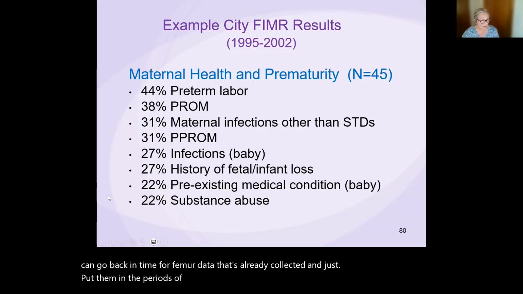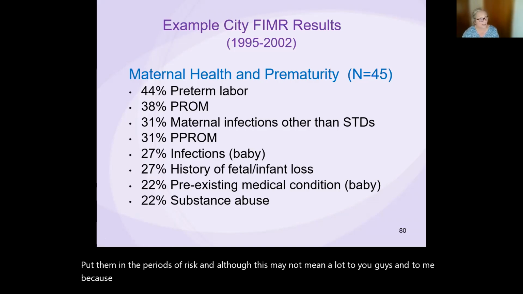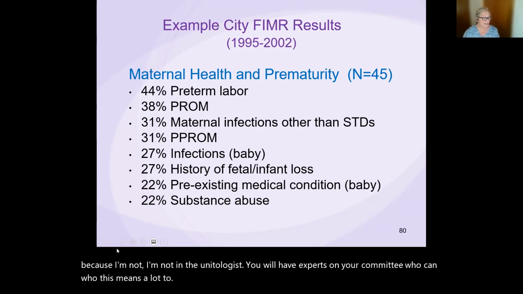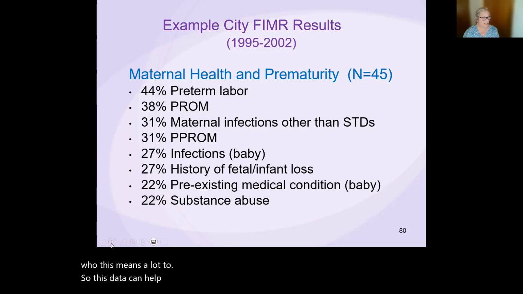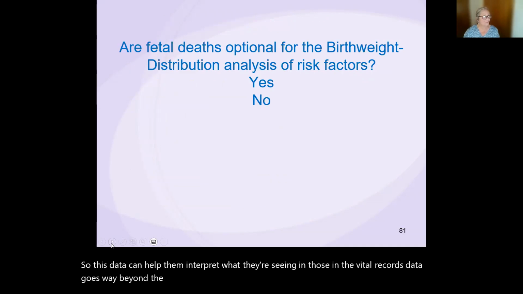And although this may not mean a lot to you guys and to me, because I'm not a neonatologist, you will have experts on your committee who this means a lot to. So this data can help them interpret what they're seeing in the vital records data. It goes way beyond the vital records data.